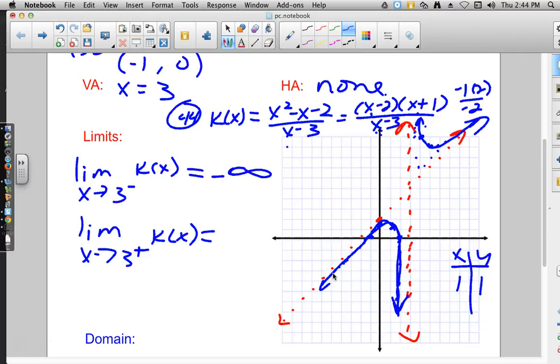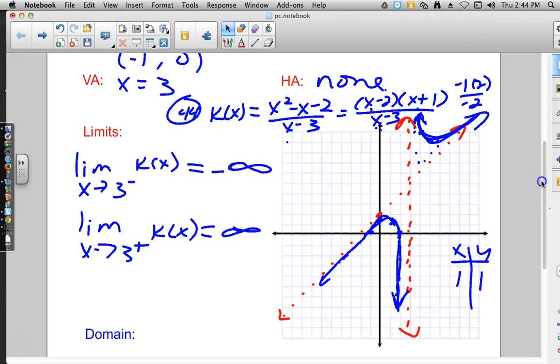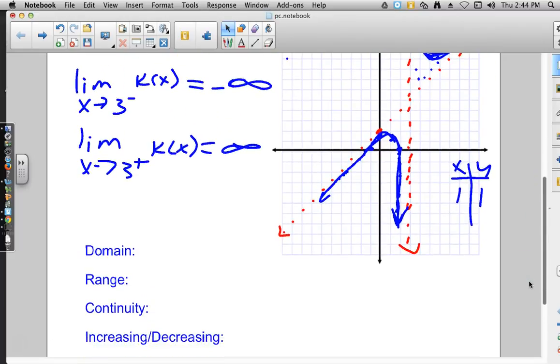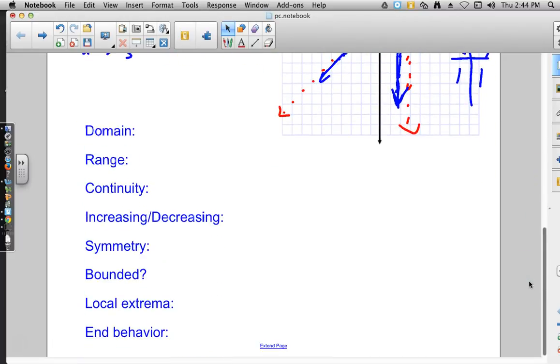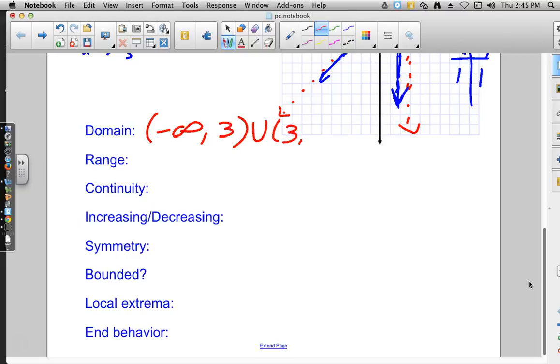And as we approach from the right-hand side, our branch is going up. So we have those limits for what's going to happen at that 3. And now we're talking about domain. And we realize there was only the vertical asymptote to leave out. So negative infinity to 3, jump over 3, and go on to infinity.